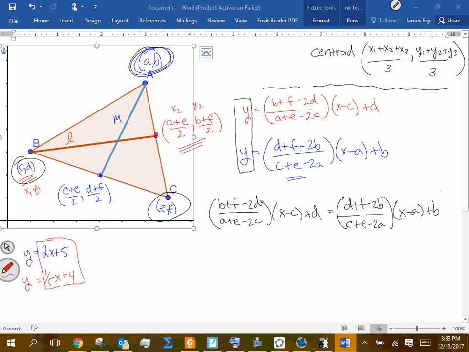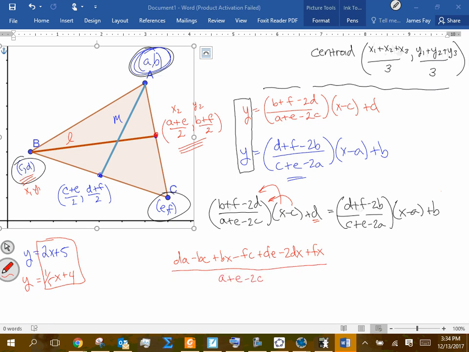So the algebra would incorporate us having to distribute this x to that stuff, distribute the negative c to that stuff, and combine with that d, so I have the common denominator. Eventually the left-hand side is going to look like this. The numerator is going to be da minus bc plus bx minus fc plus de minus 2dx plus fx, all over a common denominator of a plus e minus 2c.